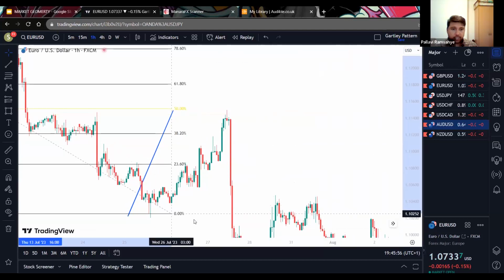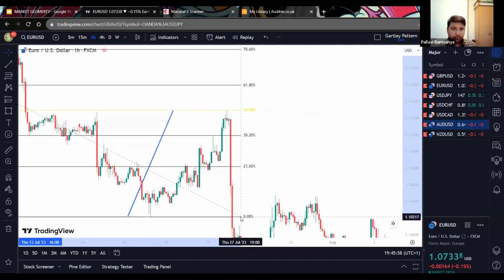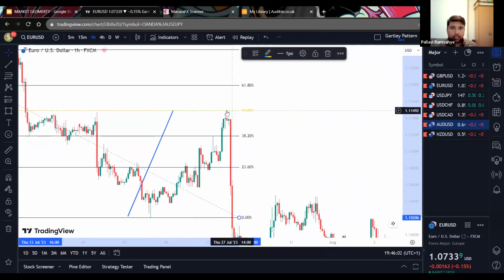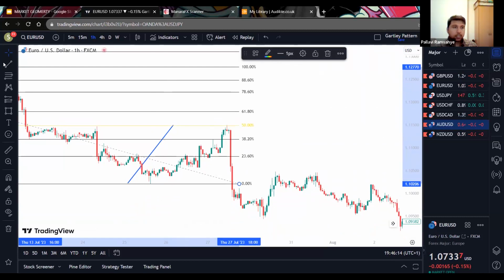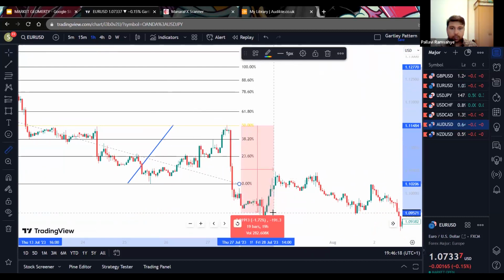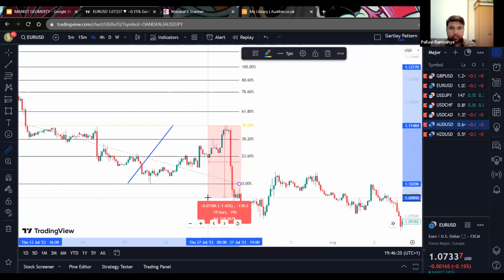So if I adjust this to make it exact on the low, look at this. You could have got in at this point here. Obviously, again, you would set it at around a whole number, but look at that, and look what happens to this. It drops. How much does it drop? You could take the first 3 candles.